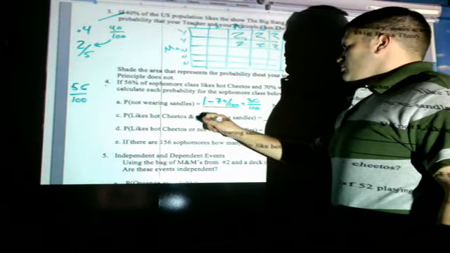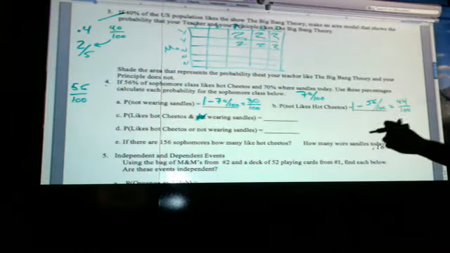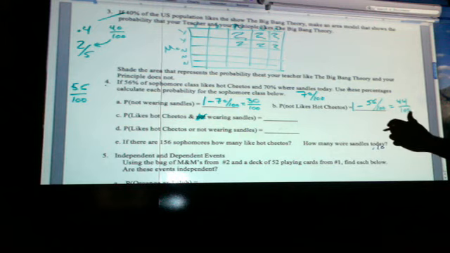So hopefully that makes sense. Now, probability of likes hot Cheetos and wears sandals. Since it's an and statement, we can use multiplication.